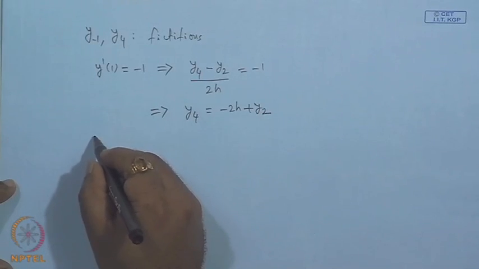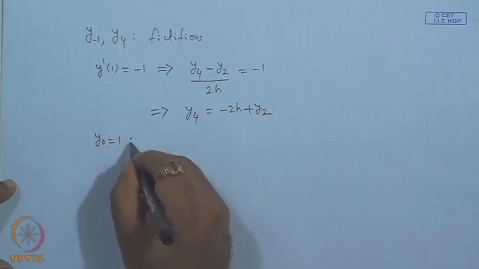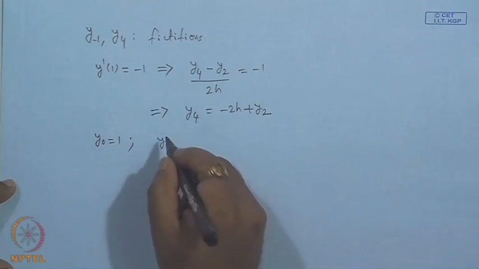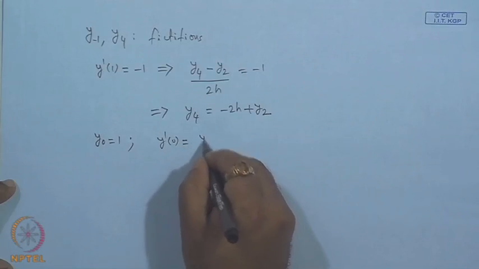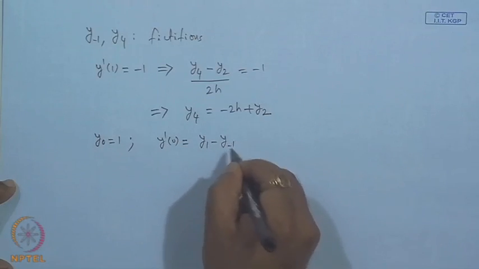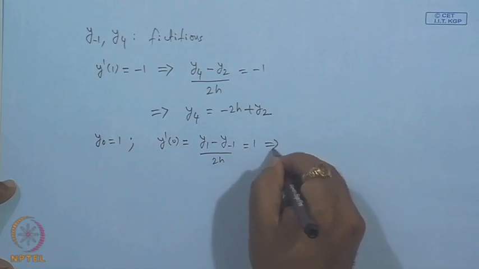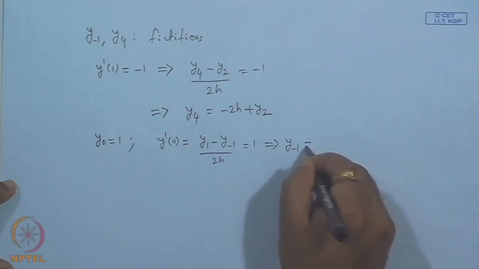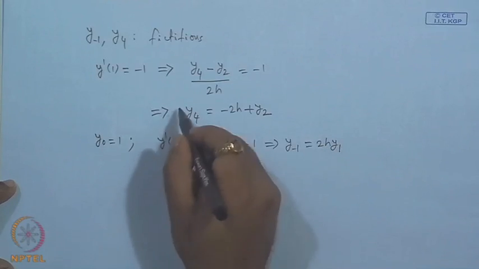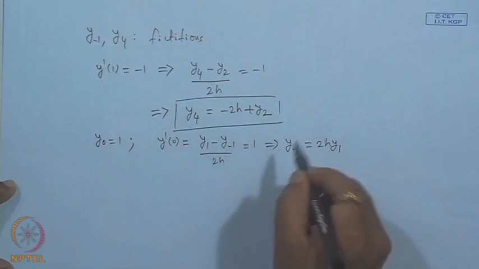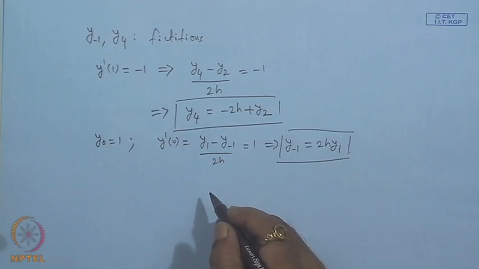Then we have y 0 equals to 1 and then y dash of 0 equals, this implies. Okay. So, we have these two fictitious values.